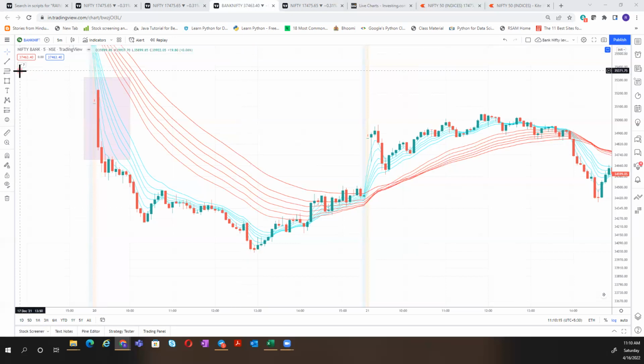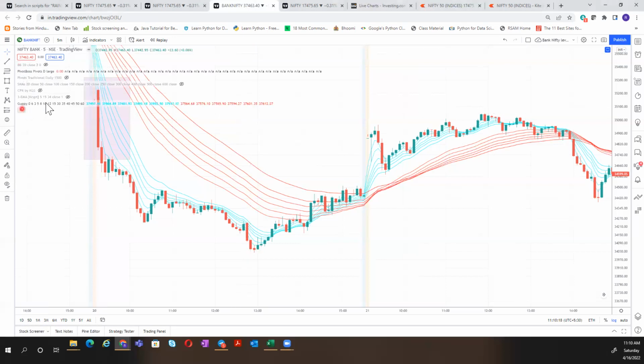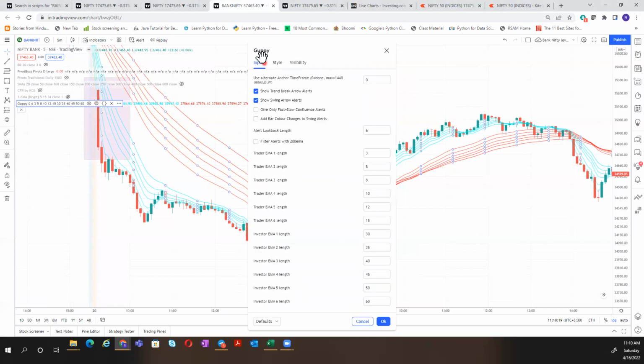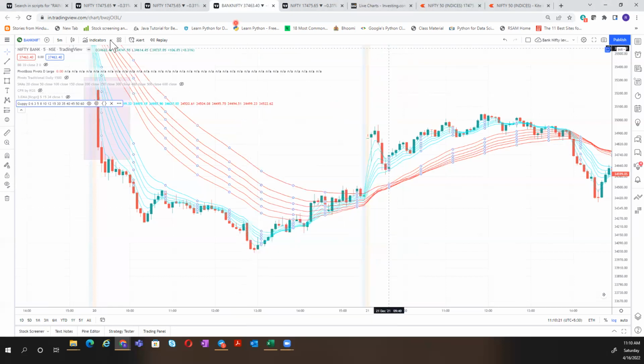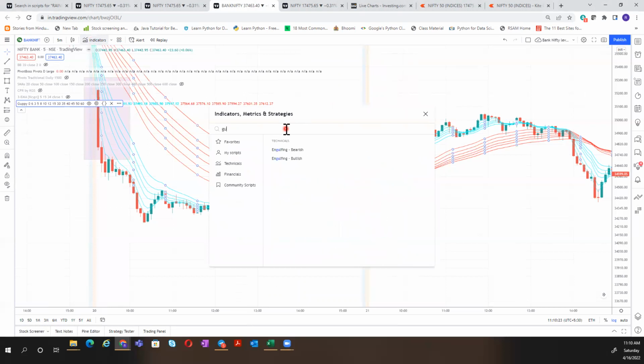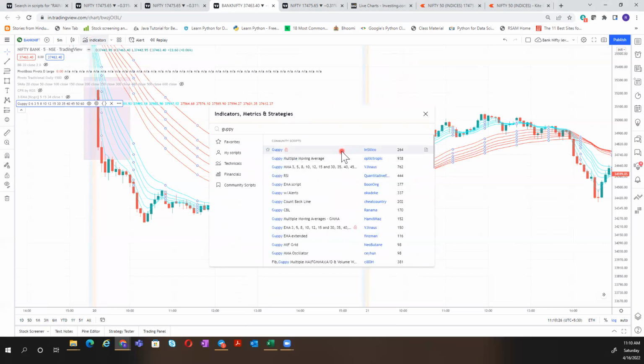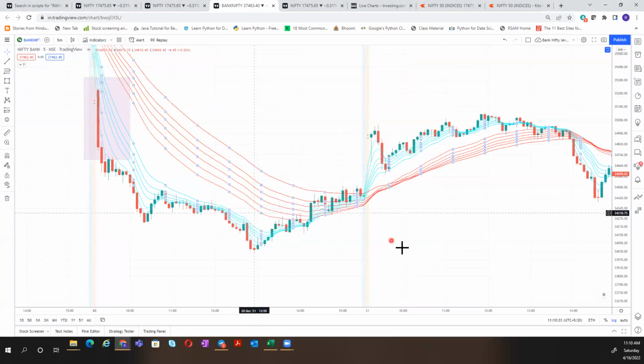Now it's available in TradingView. You can search for Guppy, or you can go to indicators and search GUPPY. The first one is locked, so you can use the second one, Guppy Moving Average, and you can leave all the settings as they are. If you don't have TradingView, or if you're using more than three indicators in a free account, you won't be able to use it.